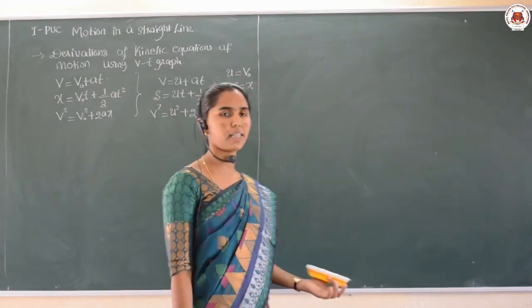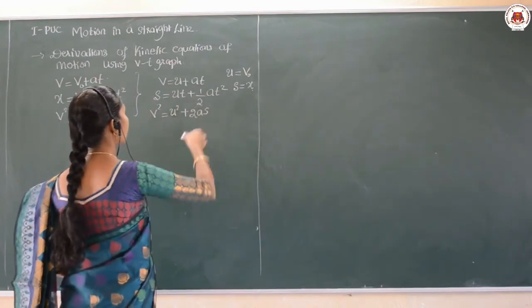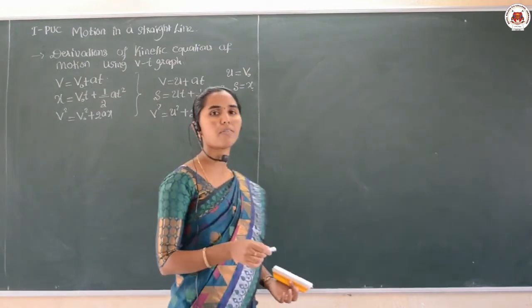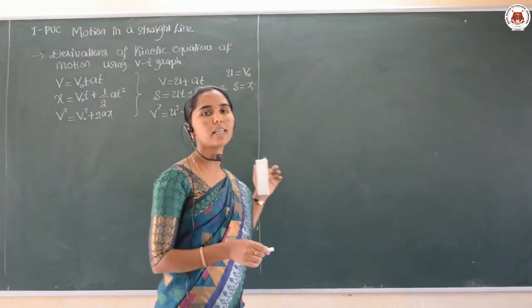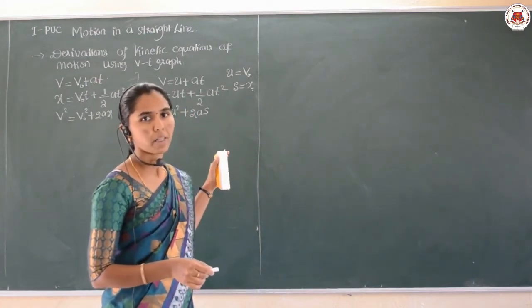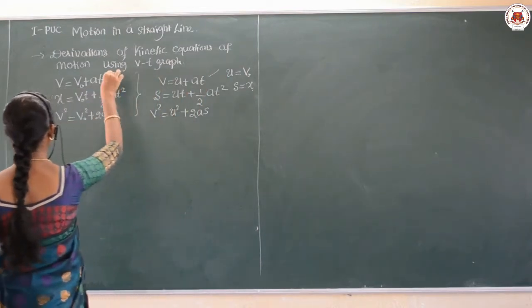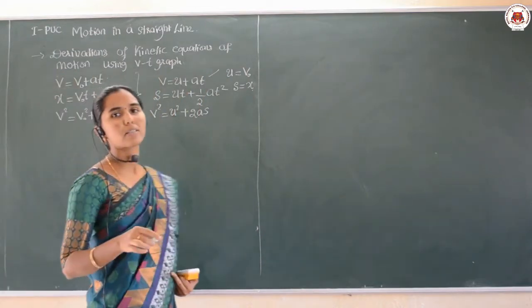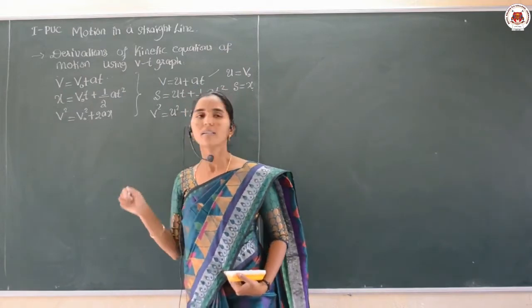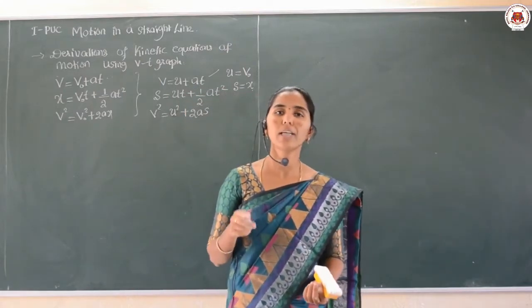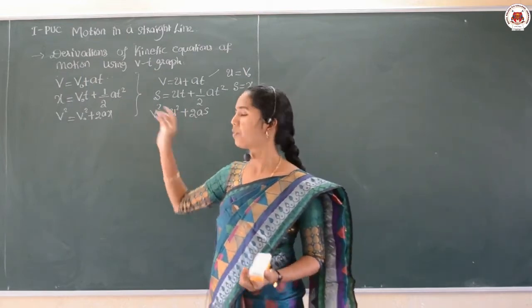That much only the changes. Remaining all, acceleration, time period and the final velocity, everything is taken the same. Either you can write like this or like this, but I prefer that you go according to the equations of the NCERT only.